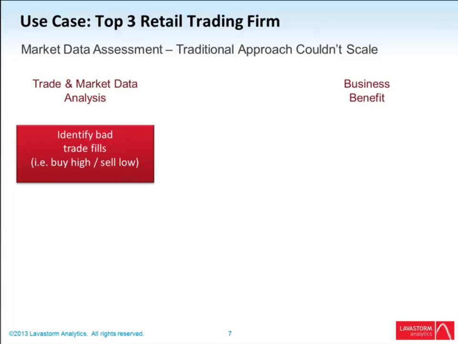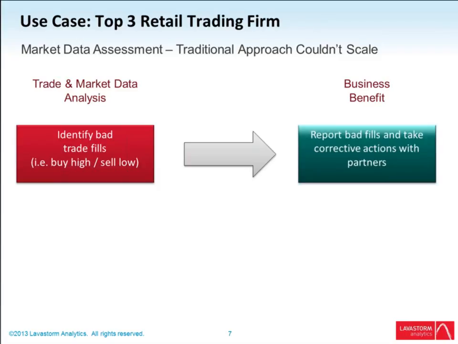That's called a bad fill. They wanted to be able to do that so that they could report the bad fills and take corrective actions with their partners. If there's a latency in the time between a trade order and a trade fulfillment that is actually leading to one of these bad fills, there's things they can do about that, and they really wanted to keep an eye on it.